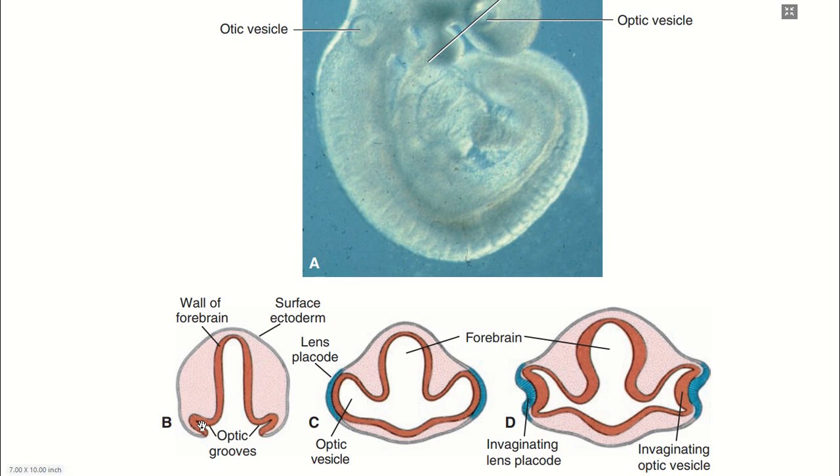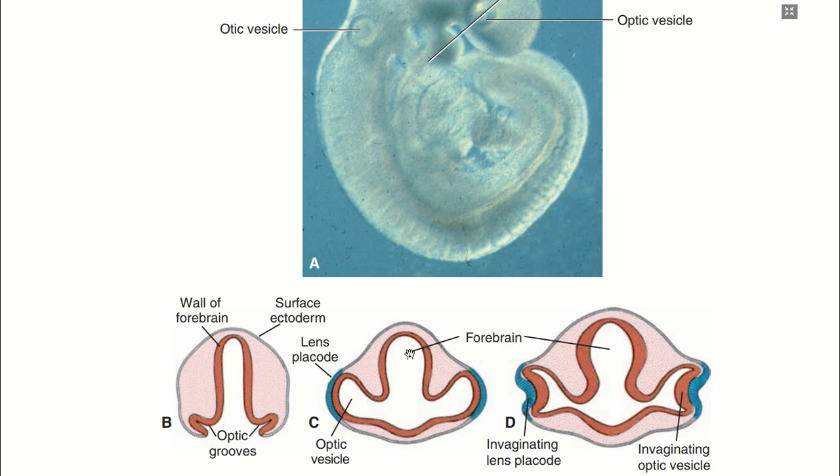These optic grooves are bilateral, this one and this one. The optic groove will continue to invaginate and grow and form what you call an optic vesicle. So this optic vesicle is actually an extension of the forebrain.